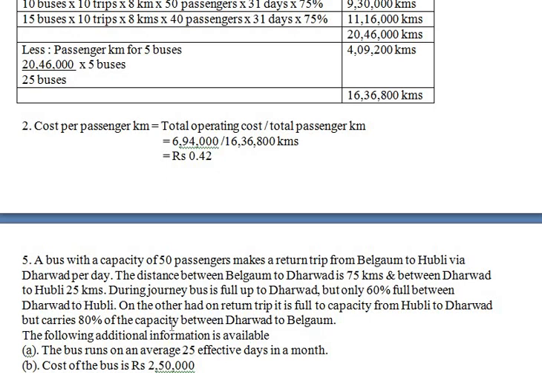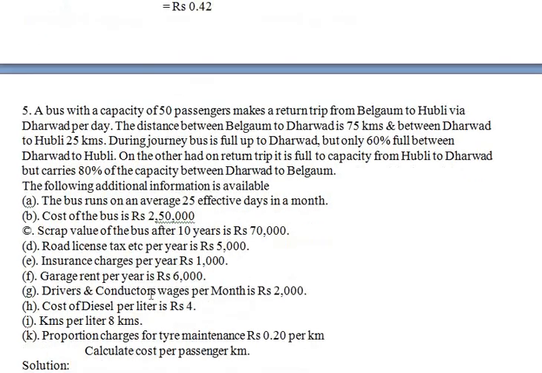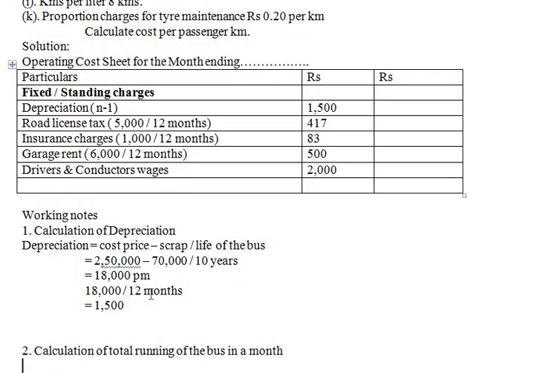Hope everybody is understanding this. The distance between Belgaum to Dharwad is 75 and between Dharwad to Hubli is 25. It means one side it is 100 kilometers, another side again 100 kilometers. So per day the bus runs for 200 kilometers.